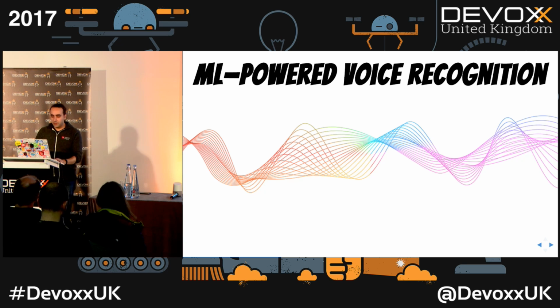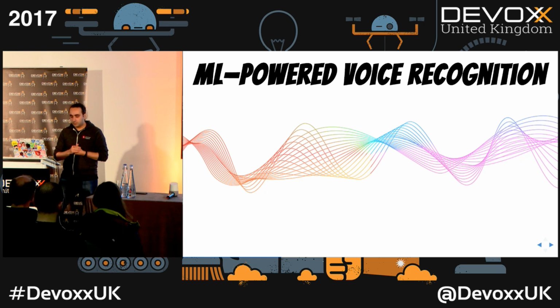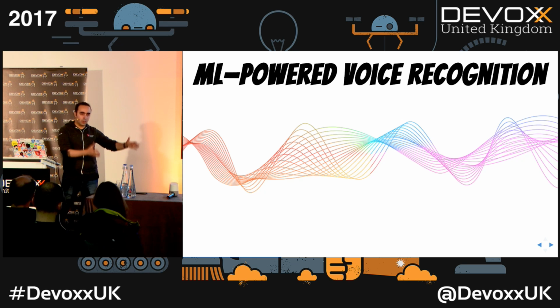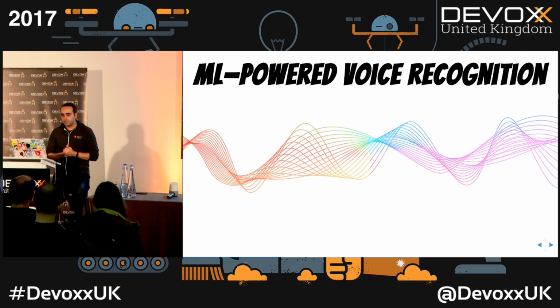These new APIs work really well, even if there is any noise outside, they will work really well. So thanks to these machine learning techniques, we now have really powerful bots we can use in our apps.